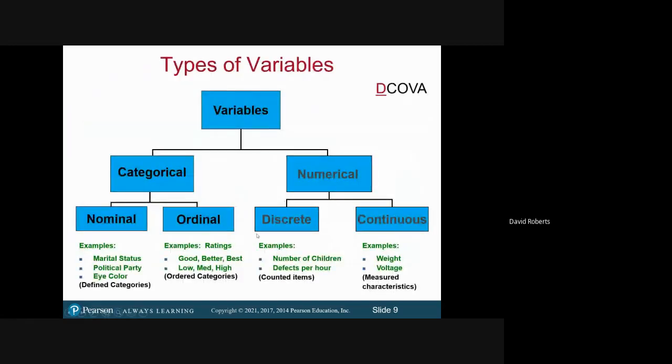So here's just a breakdown for you. There's going to be a little bit on your first assignment just to give you a feel for this. It's important to understand the differences, but it's not usually something that comes up that often, whether, ooh, is that nominal or is that ordinal?